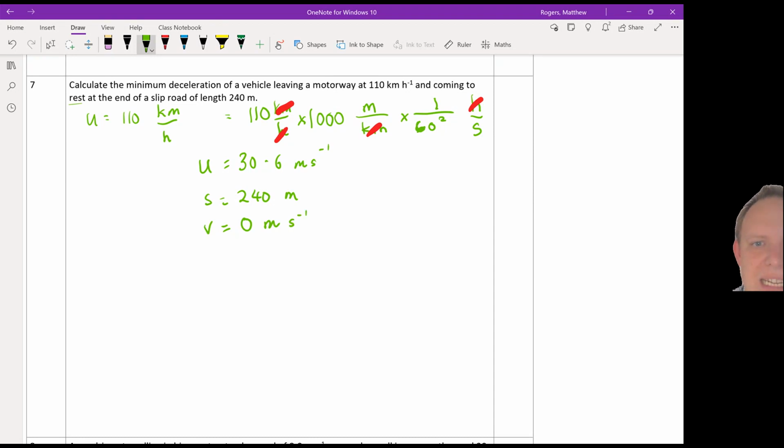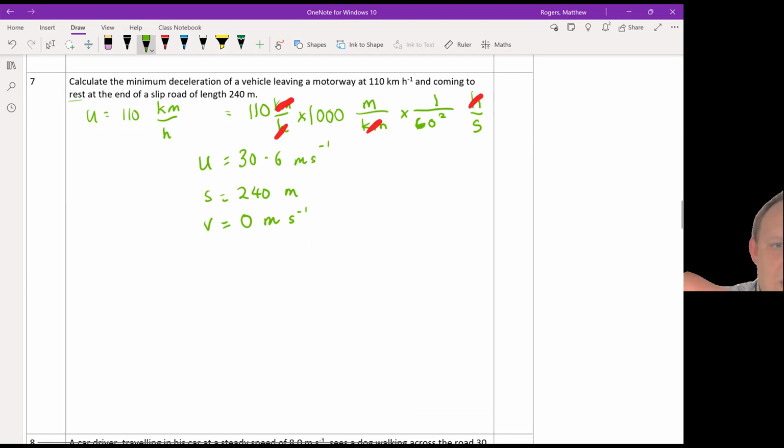Calculate the minimum deceleration. So once again, we're going to calculate the acceleration and then just change it from a negative value to a positive value. So here we've got u, s, v, and a. Once again, we're going to use v squared is equal to u squared plus 2as.